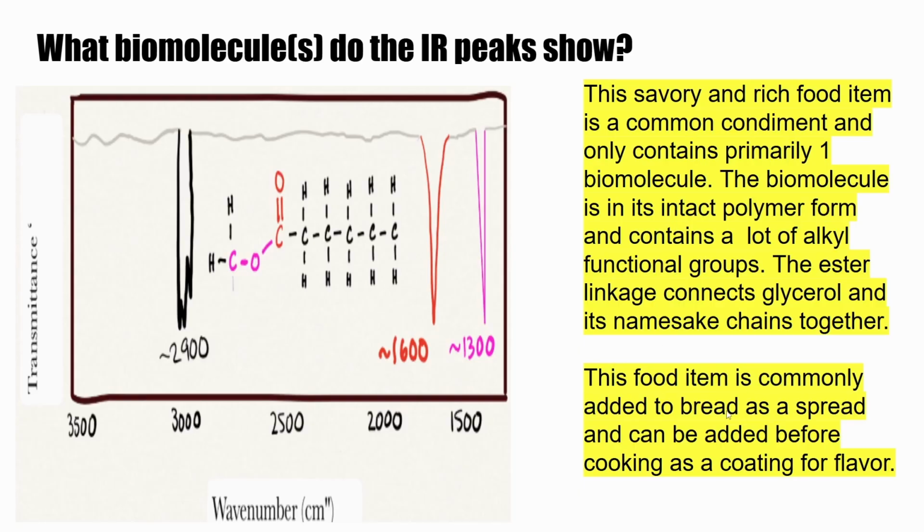So this is commonly added to bread as a spread before cooking, or as a cooking coating for flavor. Some of you can already look at this and guess, oh, hey, from this guess and this guess, I can probably know what this is. Since you're probably already guessing it's a lipid, as long as you're guessing it's somewhere within the lipid range and it makes sense that you're adding it to bread, sure.